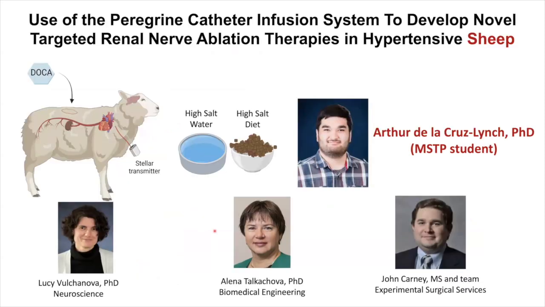So we moved into a sheep model, and this was driven by a bunch of people in the lab. Arthur was an MD PhD student. He's now going back into medical school, so he's a PhD now. Lucy Volchanova in neuroscience, who's a collaborator with us on a lot of this, Elena Tokachova in biomedical engineering, and then John Carney runs a core facility here for doing a lot of large animal device development and surgical development.